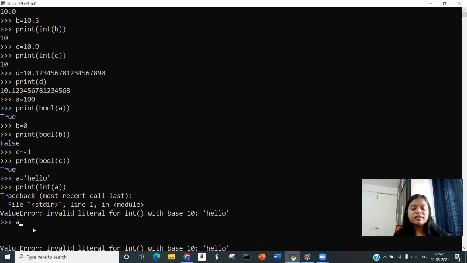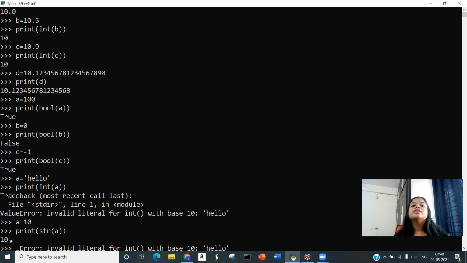Now look at something different. We gave a equal to 10, and now I'm giving print str of a, and it printed 10. Now tell me, why did it print 10? Because a string contains alphabets as well as numbers. So when we try to convert the integer 10 to a string, it identifies 10 because the number is in the range of string, and it converts it into string format.